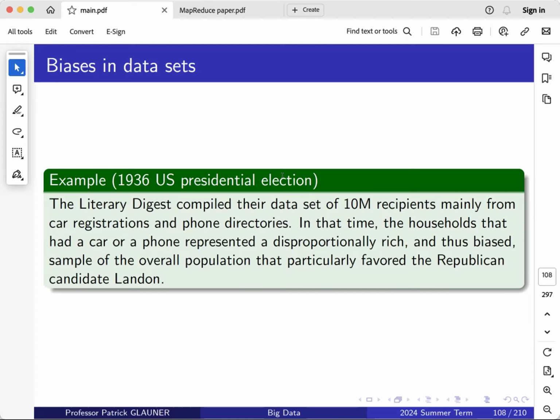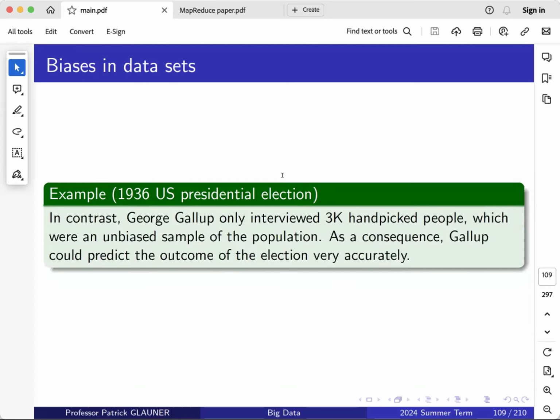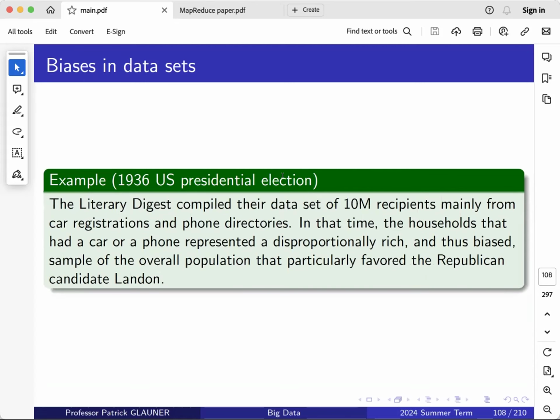That was a major bias in the way they collected these 10 million addresses. What they also noticed later on was that those among the 10 million recipients who favored Landon particularly wanted to respond, while the ones that favored Roosevelt rather did not respond.